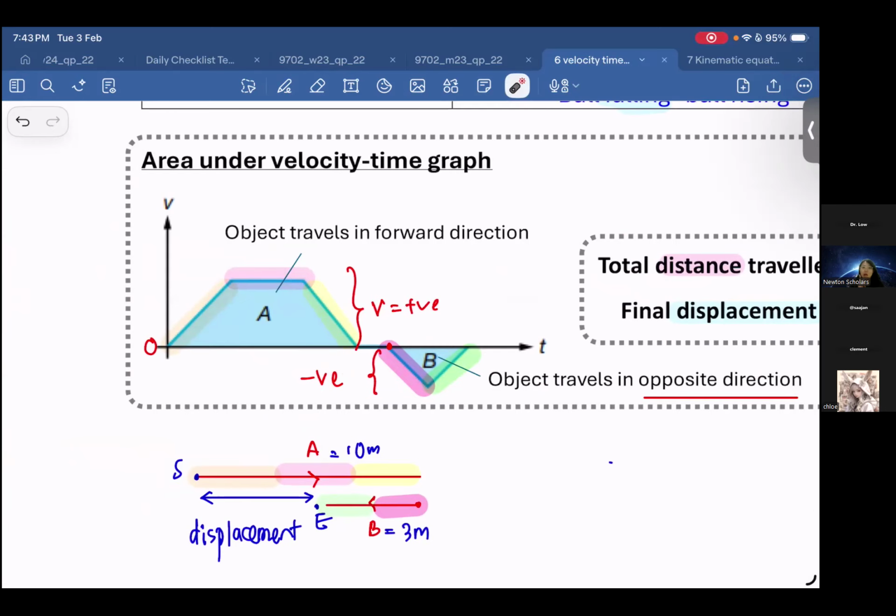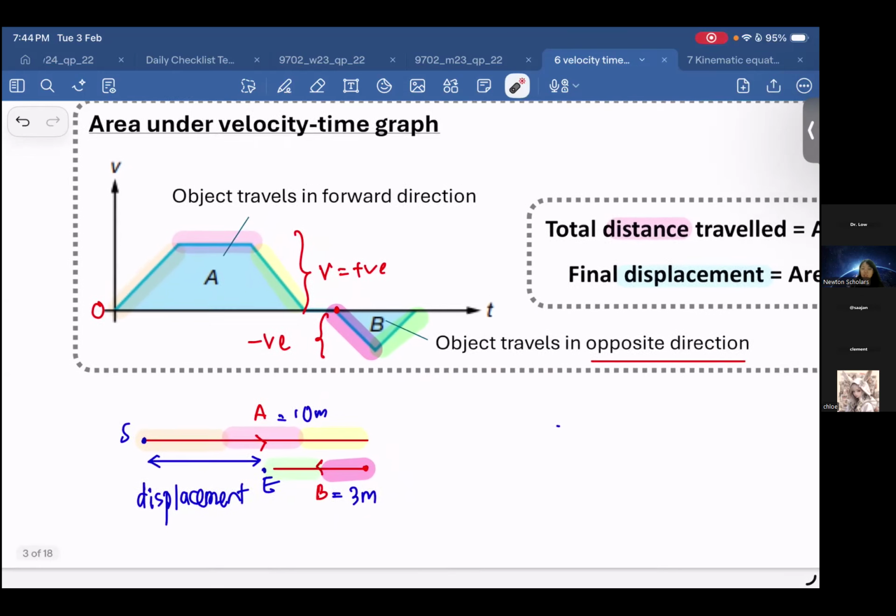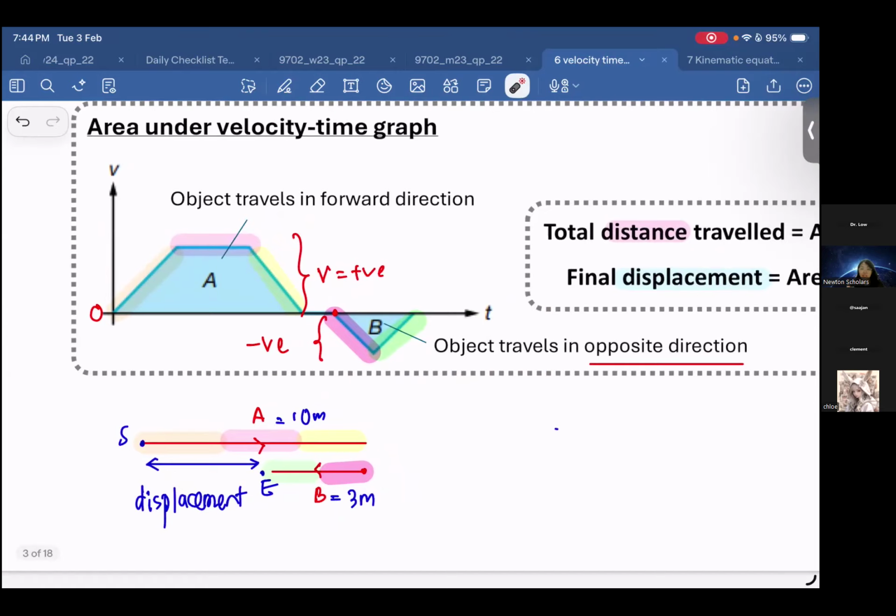But how are we going to find the displacement? Displacement is the shortcut path from starting to ending. We need to consider direction, because displacement is a vector quantity. Here is my starting point, and here is my ending point. The distance between starting and ending is my displacement.